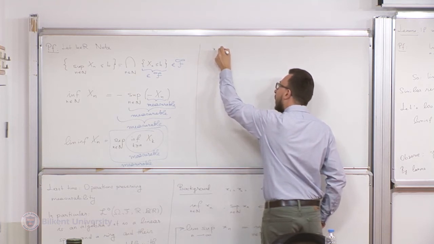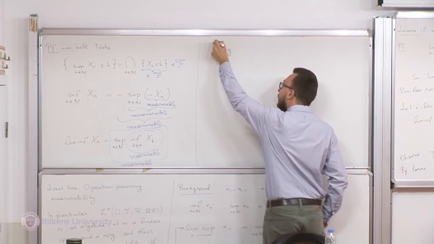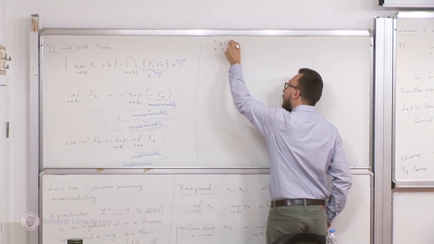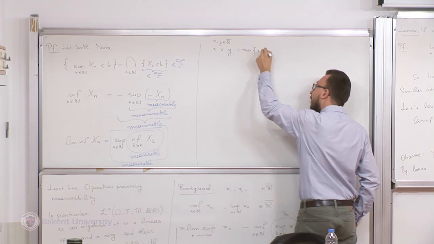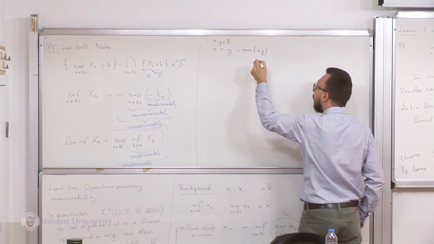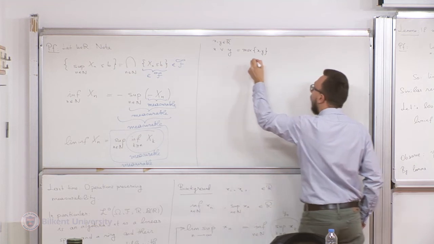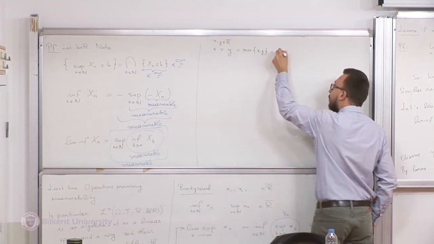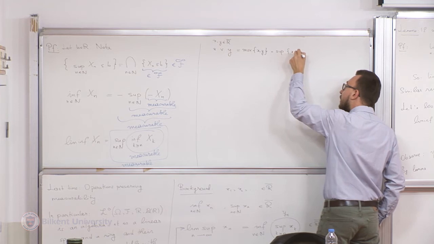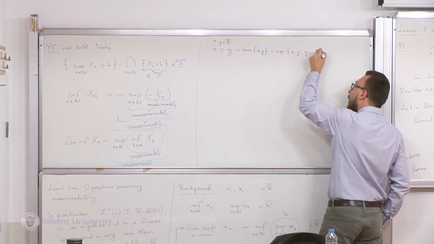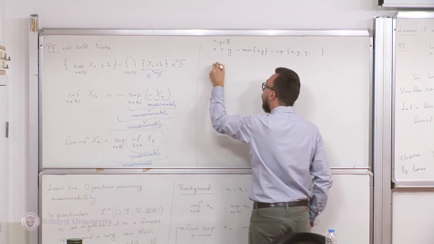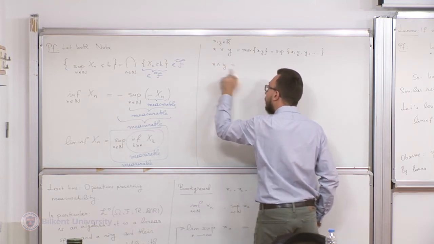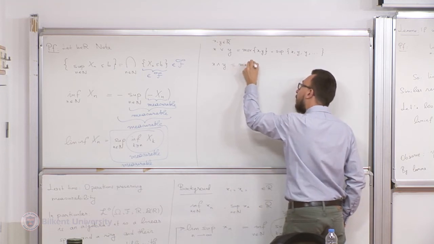For instance, the maximum of x and y, let me say x and y are extended reals. So this is the notation for maximum. If you like, you can see it as supremum of x, y, y, y, etc. But this is, of course, not needed. And the minimum is denoted by this. So this is the minimum of x and y.